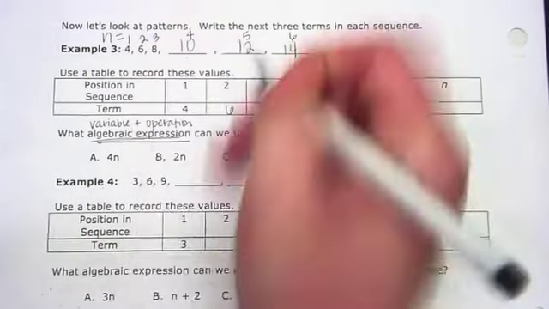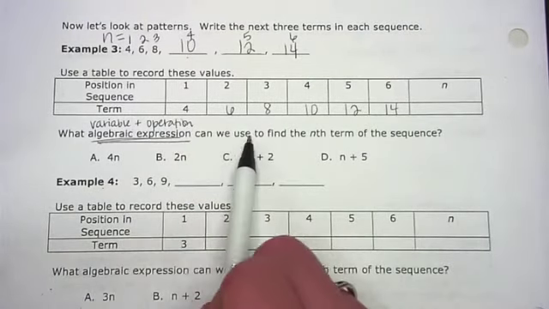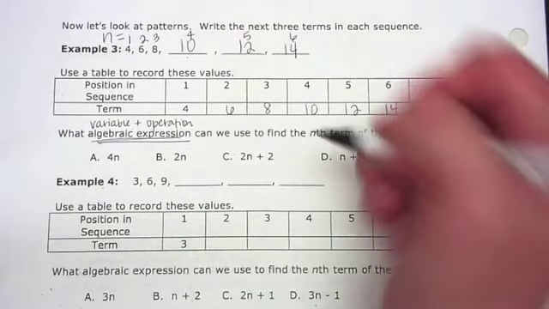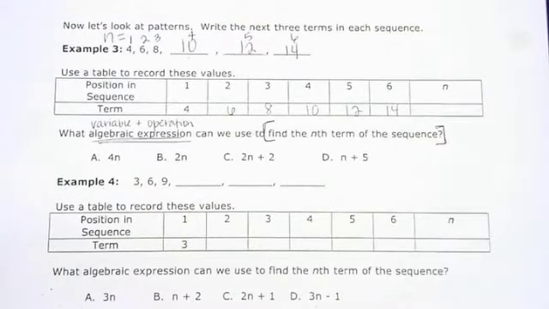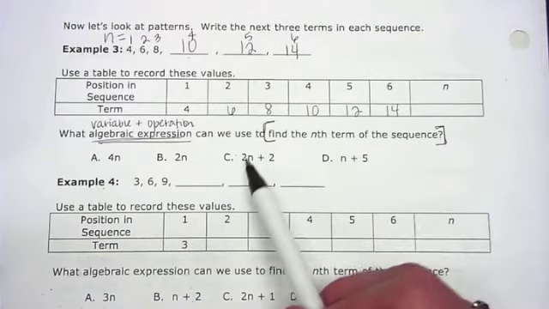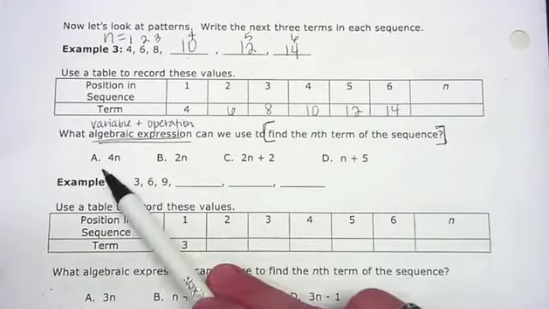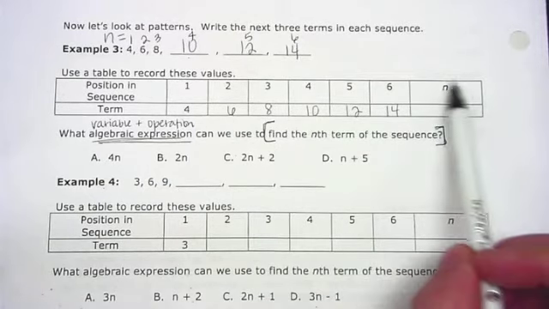So we're looking for some operation with a variable. Our variable is n. Can we use it to find the nth term in the sequence? And those words, find the nth term in the sequence, are kind of confusing, but all it's asking is for you to find the rule. Find the expression that can give us this sequence if we use n.